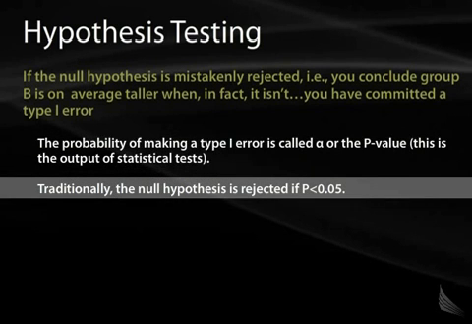Now, traditionally, we define a critical p-value as being less than 0.05, and at that point, we would reject the null hypothesis. This means we think that it is 5% or less likely that we have committed a type 1 error. That is, we have concluded that the null hypothesis is incorrect when in fact it is correct.